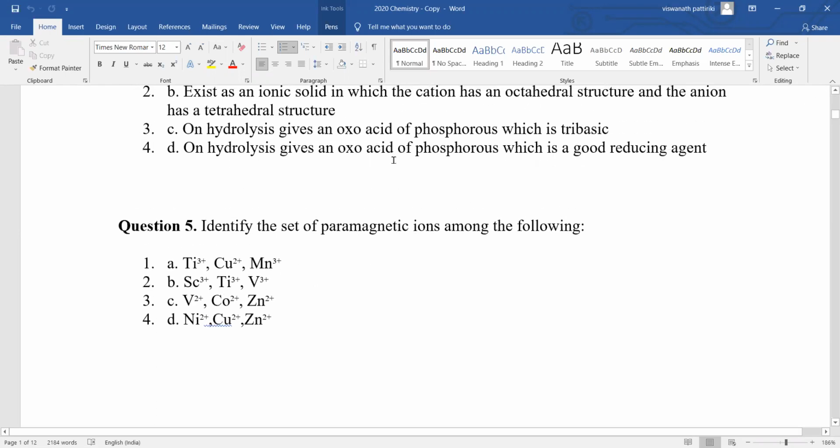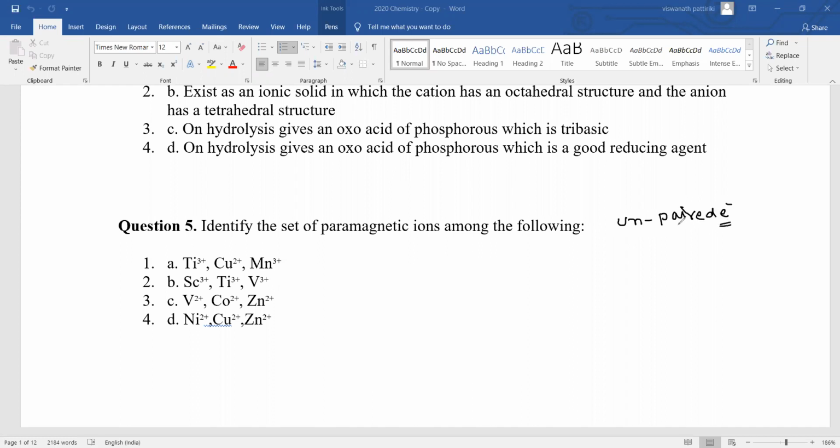So the next one is: identify the set of paramagnetic species among the following. So let's write the electronic configurations. What do you mean by paramagnetic? Paramagnetic species are those which contain unpaired electrons.